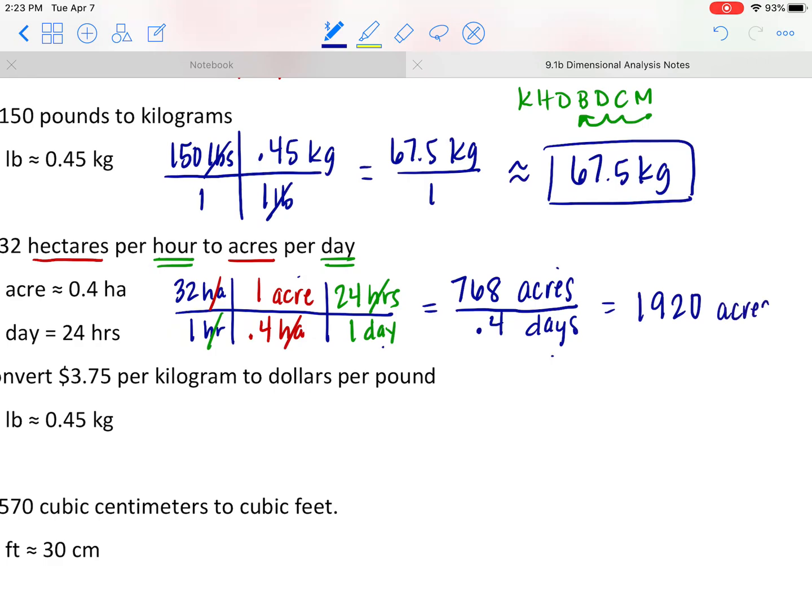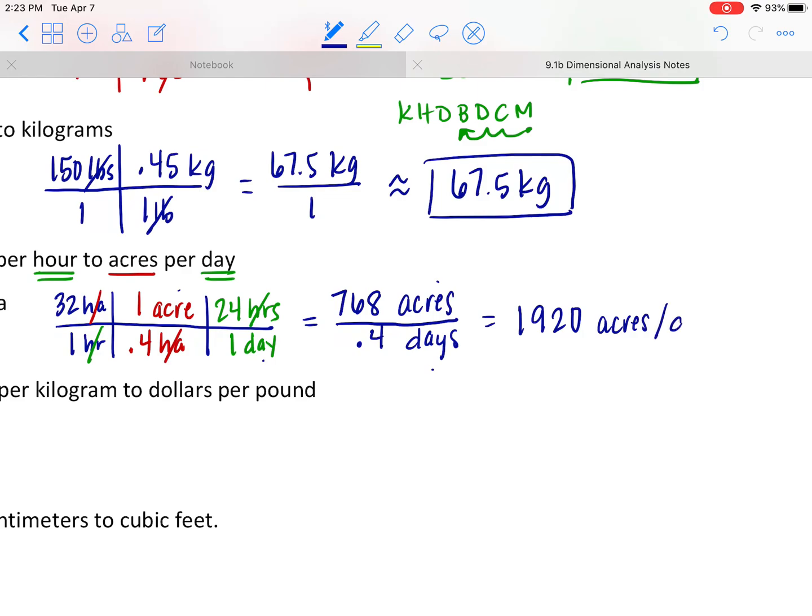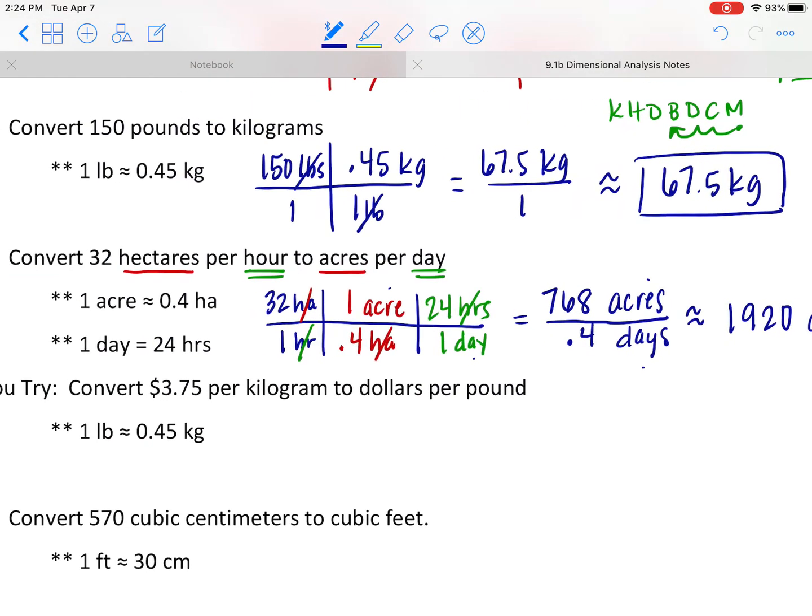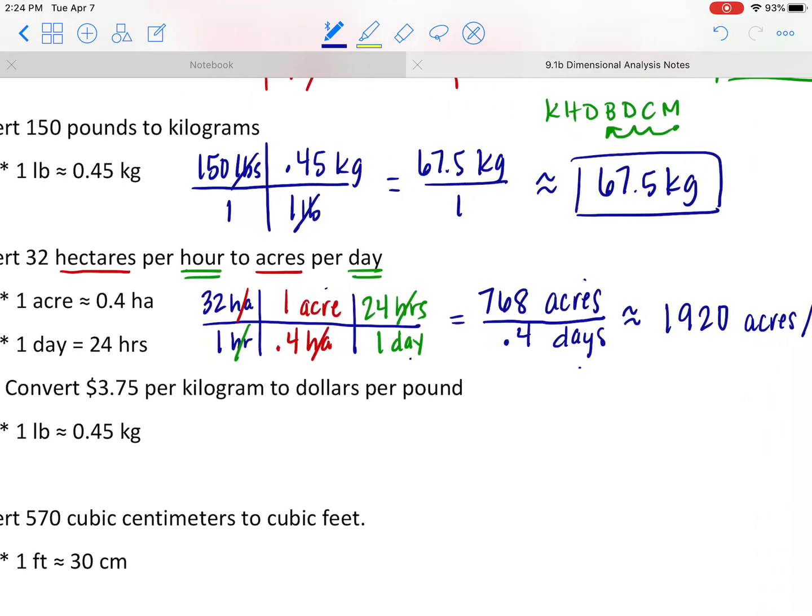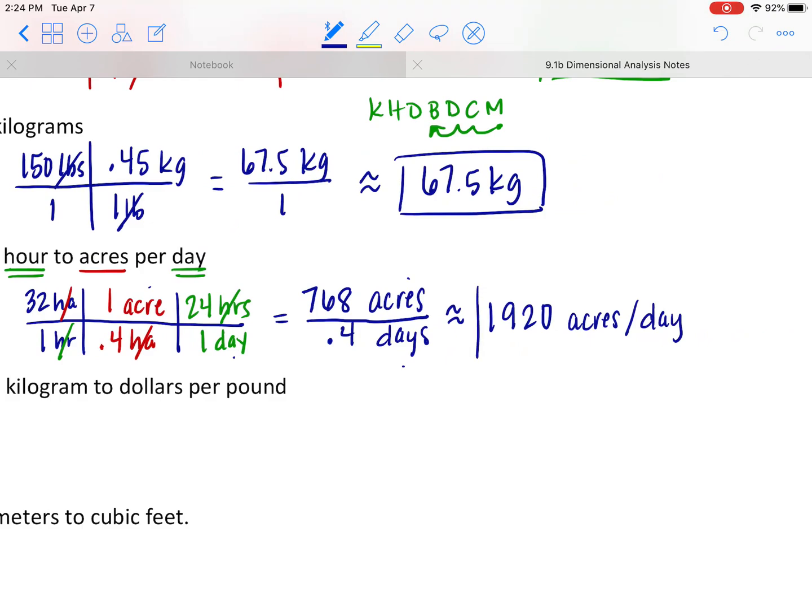Let's divide by 0.4, and that gives us 1,920. So 1,920, this would be acres per day. Acres per day. And let me erase this again.